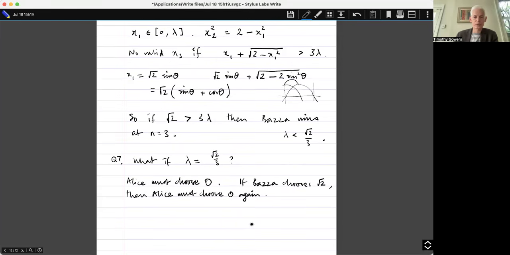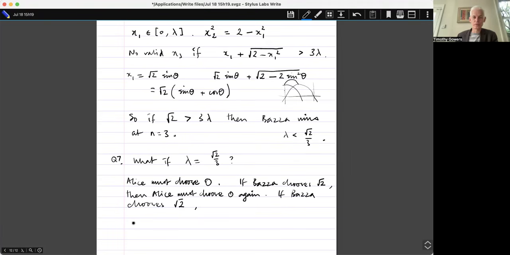So now let's think what happens. Where have we got to with the sum of the squares? We've got 2. So the sum of the squares has got to be at most 4 after Bazza's next move. So if Bazza chooses root 2 yet again, then what have we got to now?